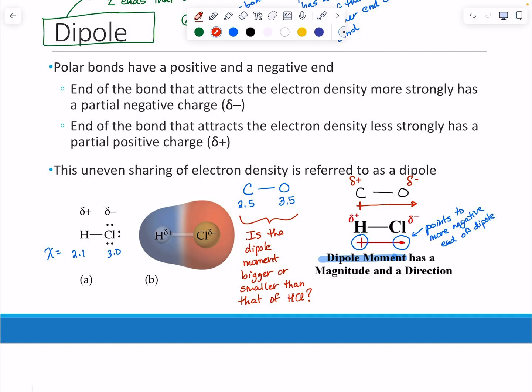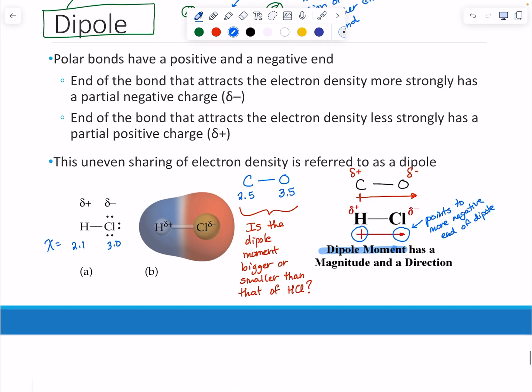So the larger electronegativity is the negatively charged end.